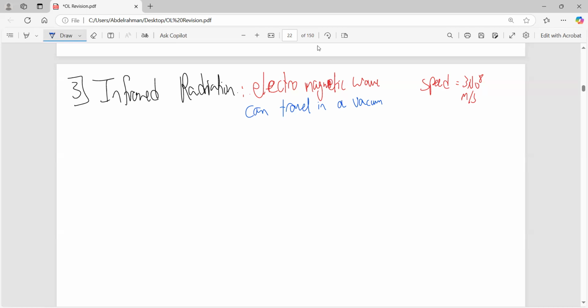I need to see how I can increase or decrease the rate of transfer of heat using infrared radiation. We need to control the outer surface of this object, of the beaker, or whatever.